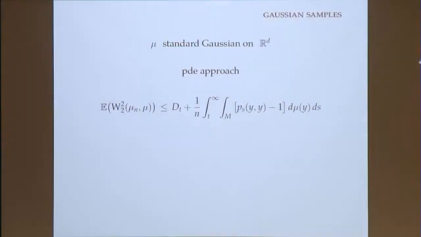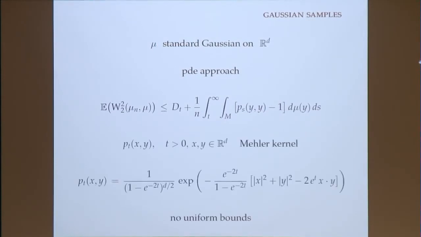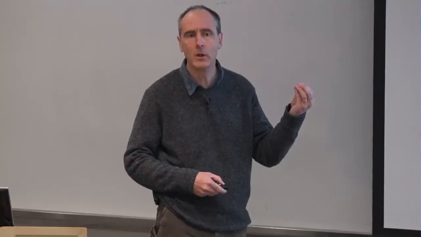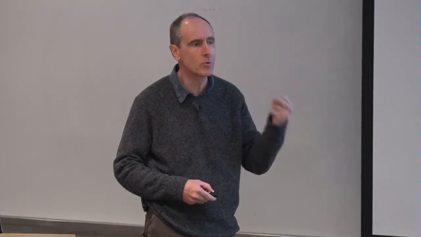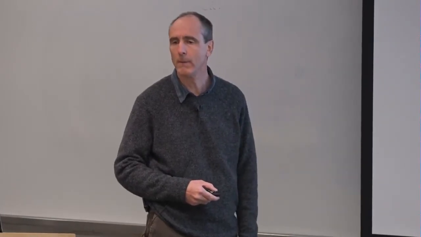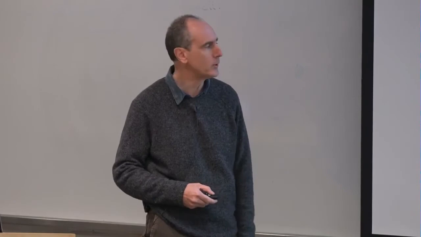And it applies here in the Gaussian case, but you have to replace P_s by the Mehler kernel of the Gaussian distribution, which is here. One good thing about the Mehler kernel is that when t is small, you get the t to the d over 2, which was the uniform bound that we used in order to show the results for the uniform distribution.